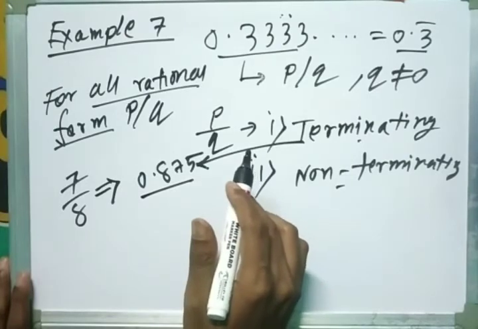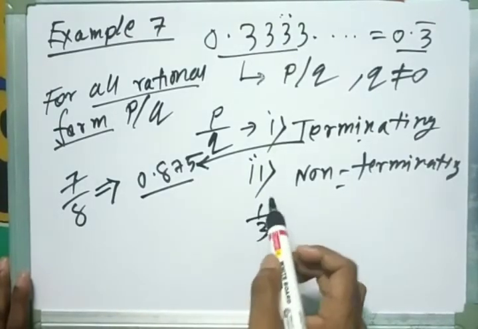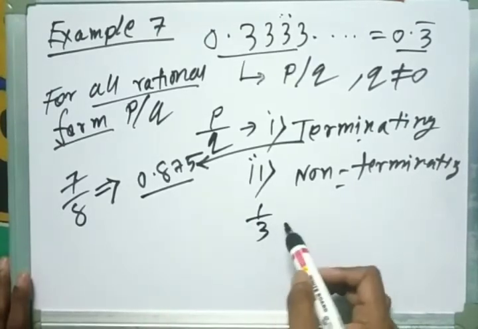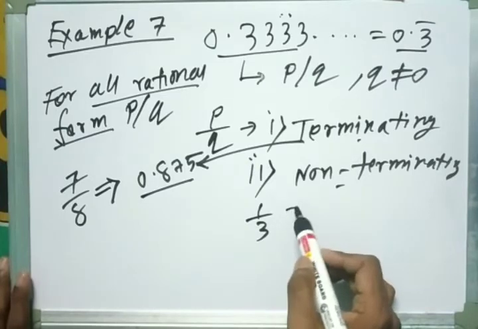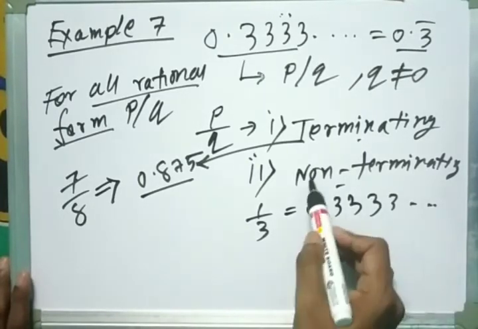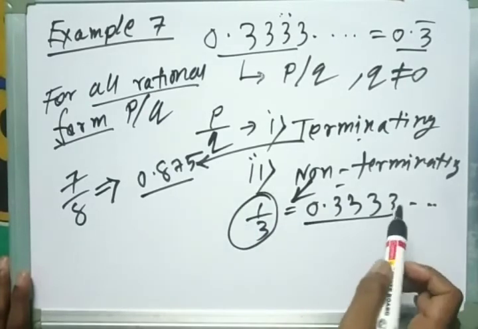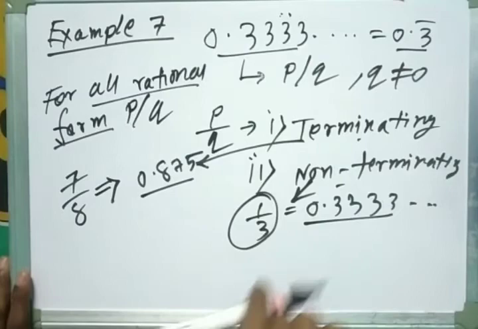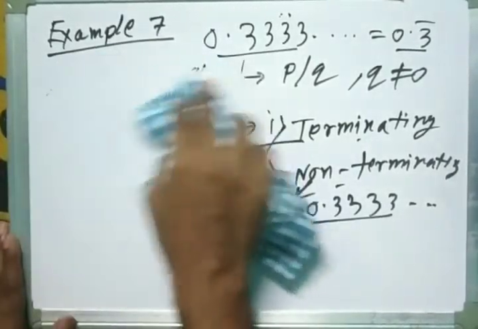Now if you take the example of 1 by 3, definitely the result will be 0.333..., non-terminating. So this is also a rational number but the result is non-terminating. This was a concept.